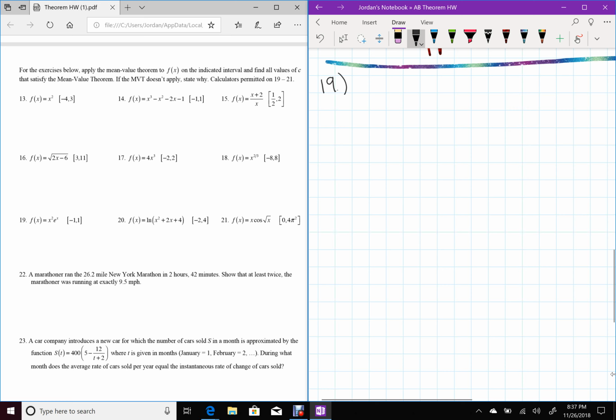So what you have to do is remember what conditions satisfy the mean value theorem such that we can use it, right? So we need it to be continuous and differentiable before we can use mean value theorem.